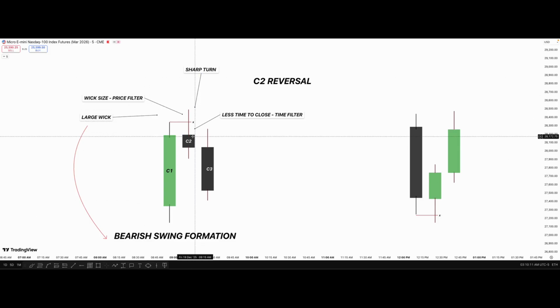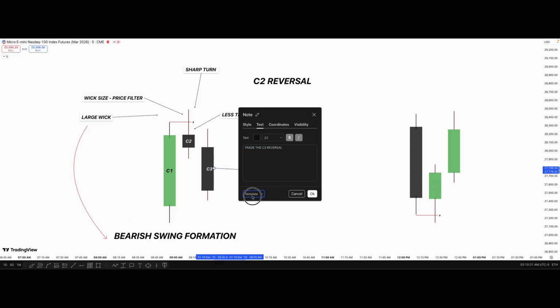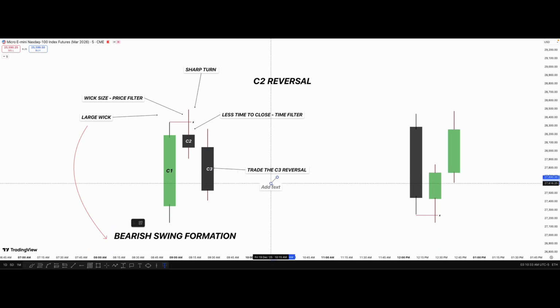This is where your bias shifts, and then you trade the C3 reversal. Why do you trade the C3 reversal? Because this is your distribution phase, right?